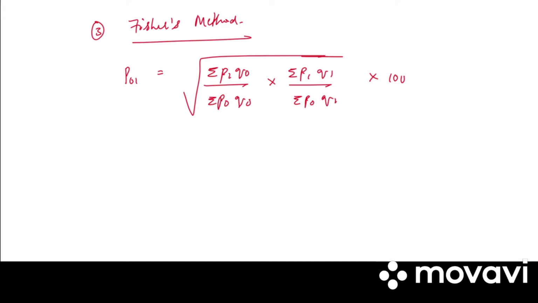Factor reversal test implies just as a formula should permit the interchange of two items without giving inconsistent result, it should also permit interchange of price and quantity without giving inconsistent result. That is, two results multiplied together should be equal to value ratio. So Fisher's index satisfies both the time reversal and factor reversal test.